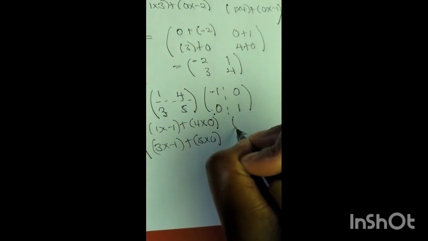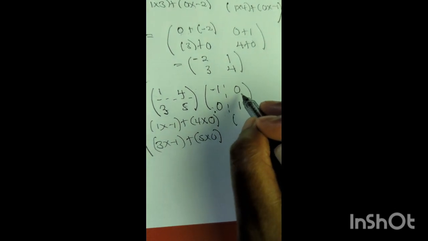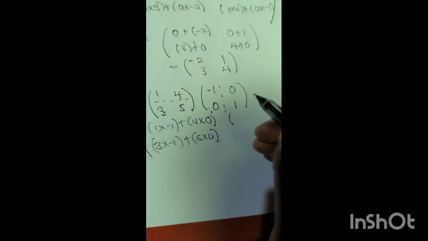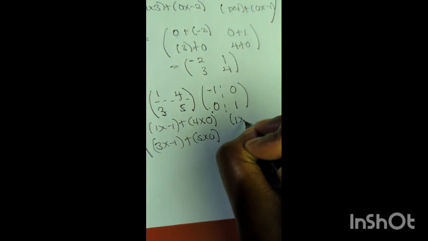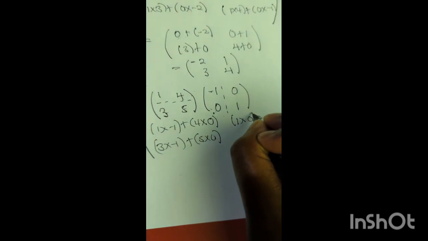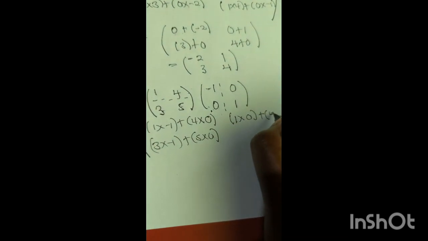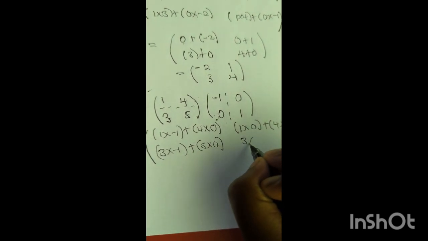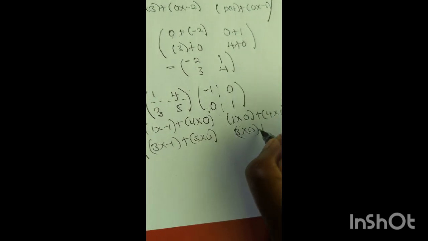Then the next one, we're going to this column now. Row by column, row by column. So 1 multiplied by 0 plus 4 multiplied by 1. Then 3 multiplied by 0 plus 5 multiplied by 1.